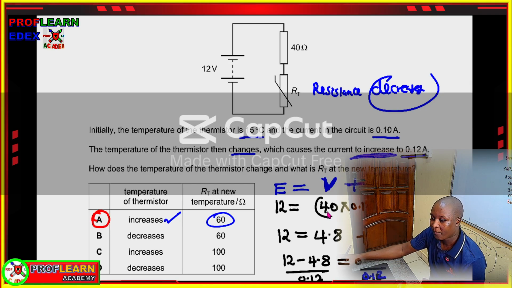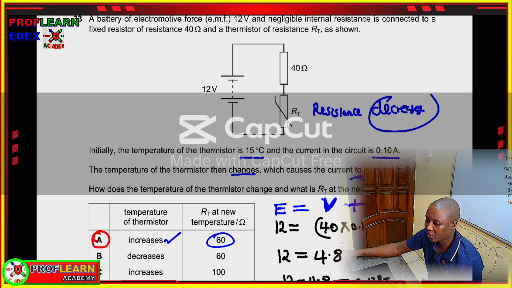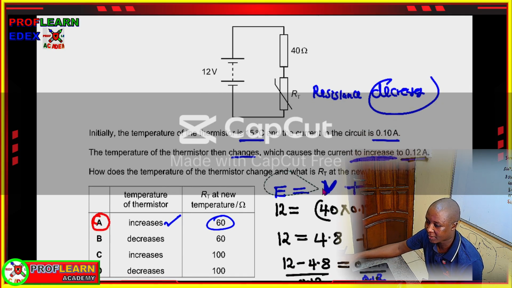So this is going to be 40, yeah. So am I talking about terminal, where am I mixing these things? I'm mixing things up here.